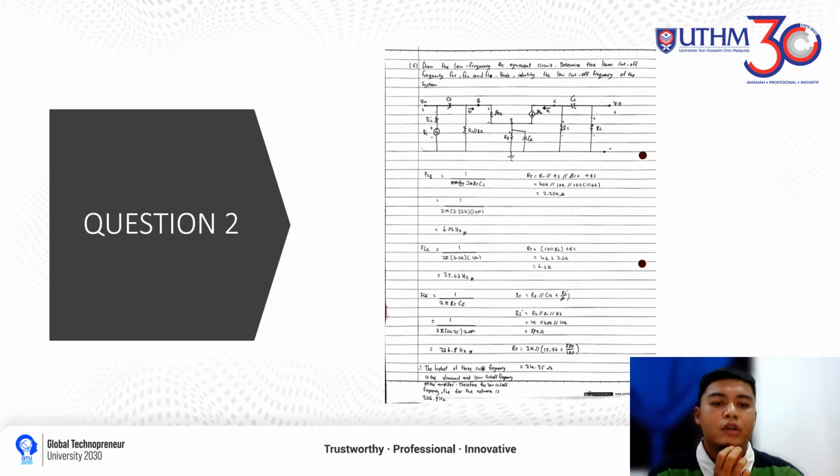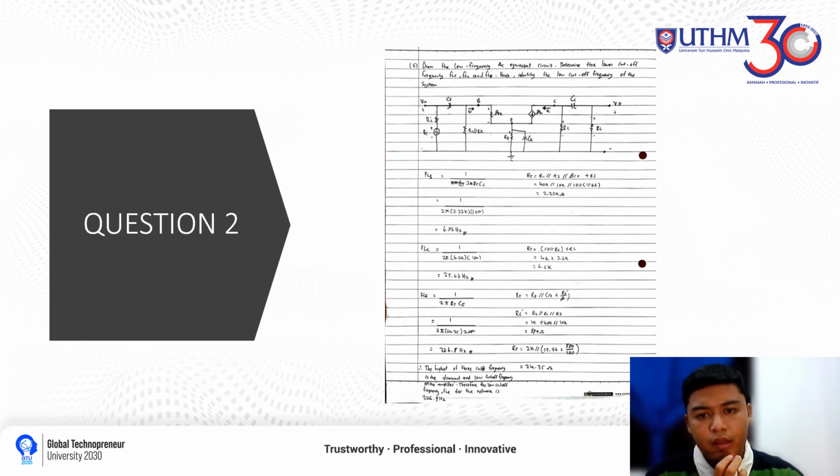Okay, next for question 2, draw the low frequency AC equivalent circuit, this is the first one. Then for the FLS, I get 6.86 Hz. For the FLC, I get 25.67 Hz.